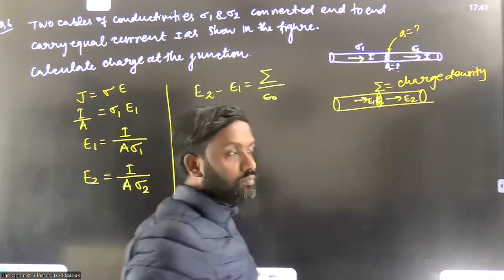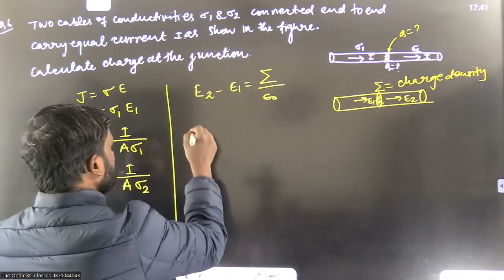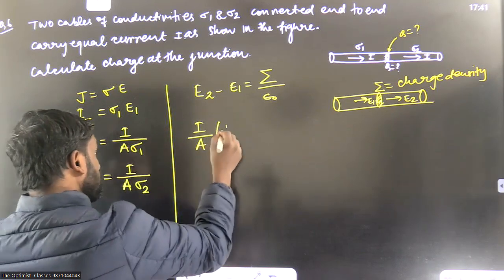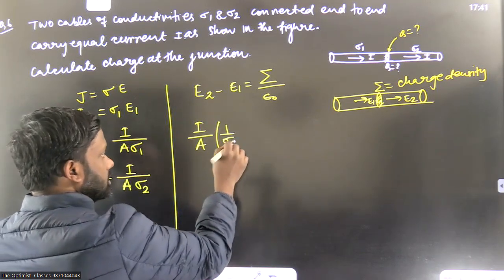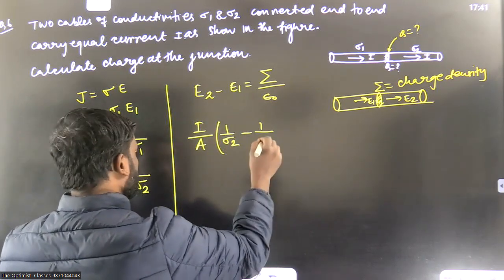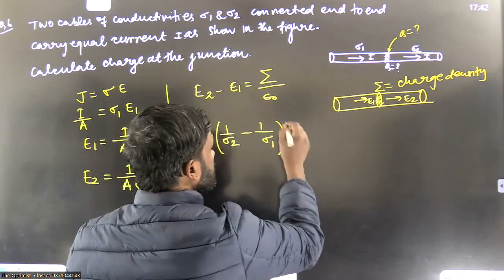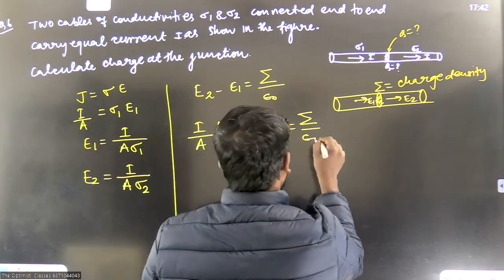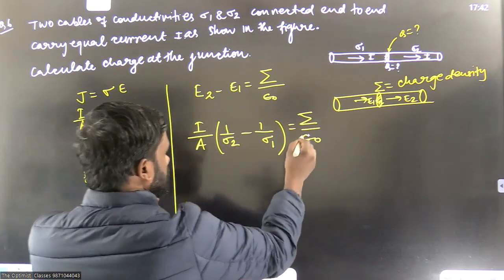Let's put the values of E2 and E1. We get I by A common, and here 1 by sigma 2 minus 1 by sigma 1, equal to capital sigma divided by epsilon naught. Let's do the cross multiplication.